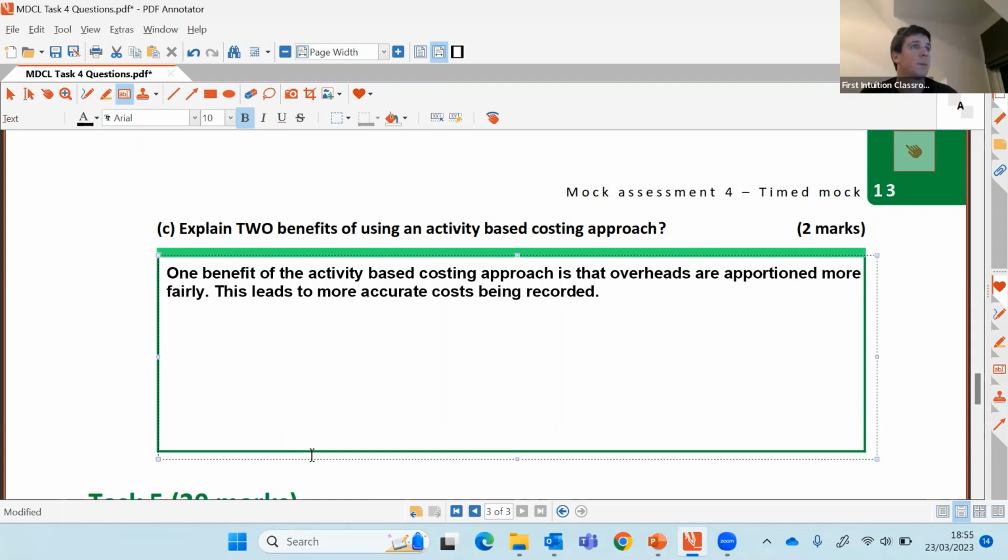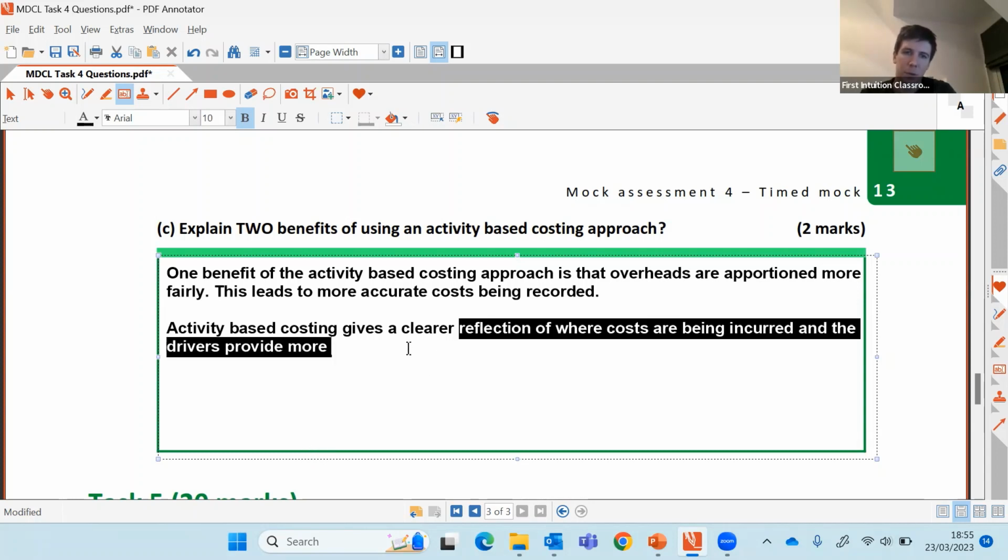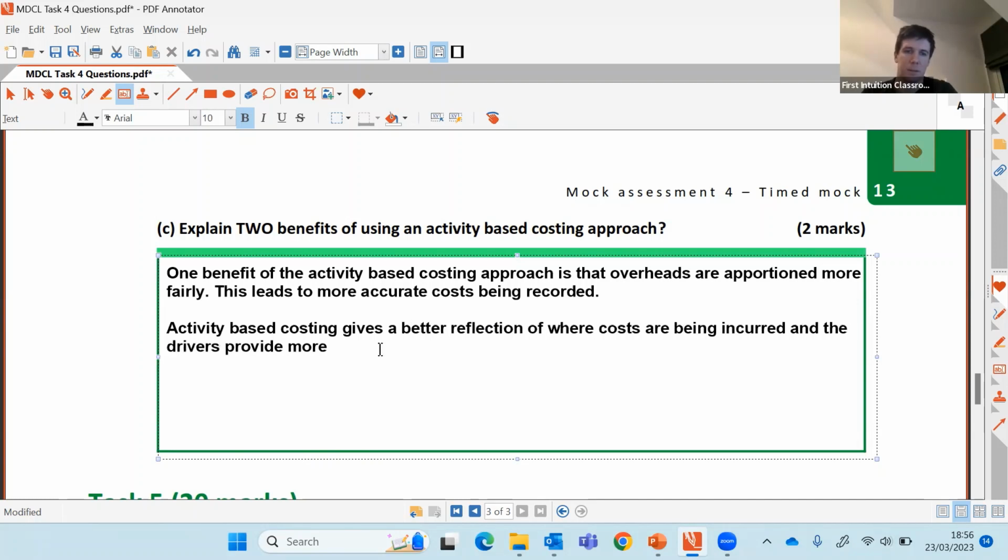Okay, so building on your point, activity-based costing gives a clearer reflection of costs, and drivers provide more clarity on the causes.